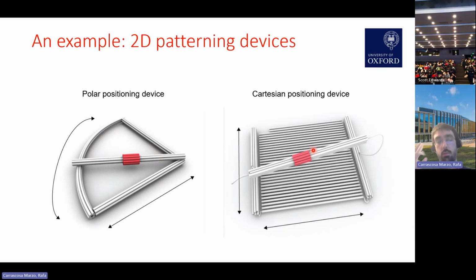And then something more traditional, which is Cartesian positioning devices. So just think of your regular two axes. This white arm moves along this y axis, and the red circle moves along this arm again in the x axis, and you basically have a homogeneous cover of this square area here.